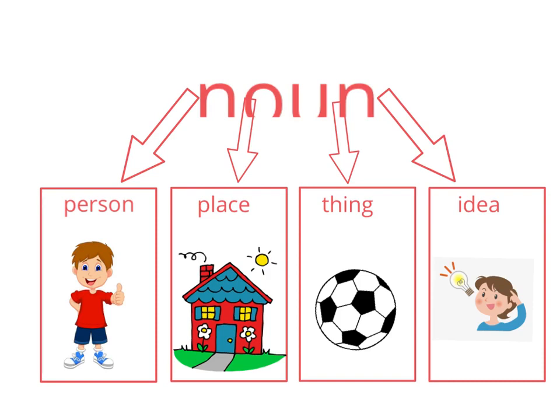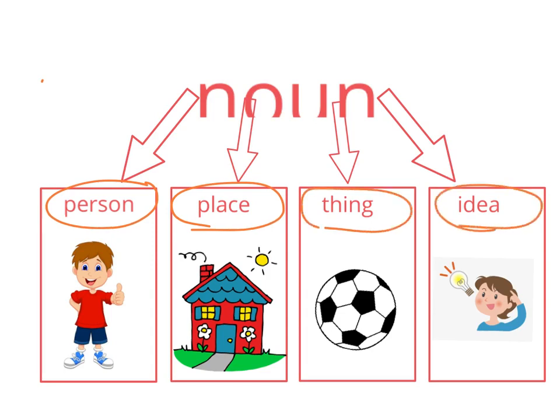This is just to remind us that a noun can be a person, or a place, or a thing, or an idea. And in a prepositional phrase, there is always a noun. It is the last word in the phrase. So when you see a preposition, you need to start looking for the noun that is going to come after it.